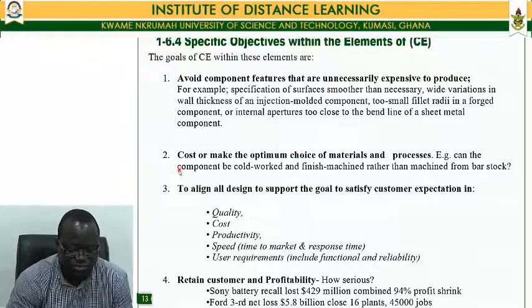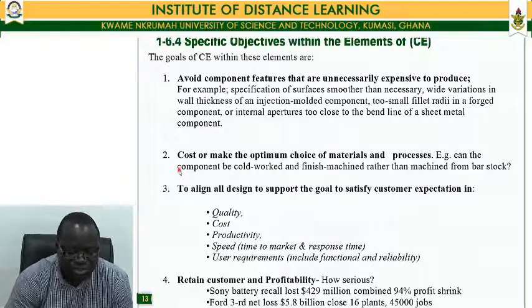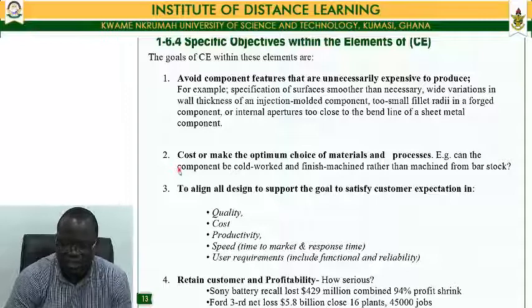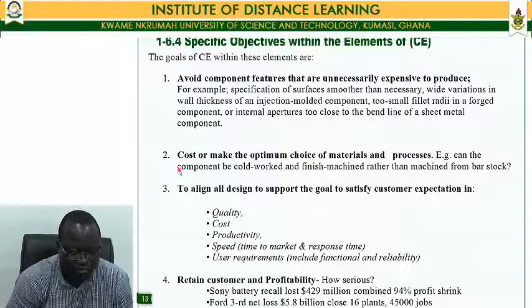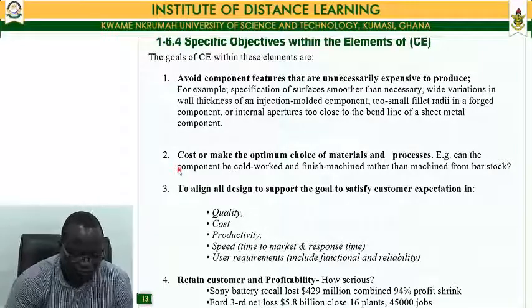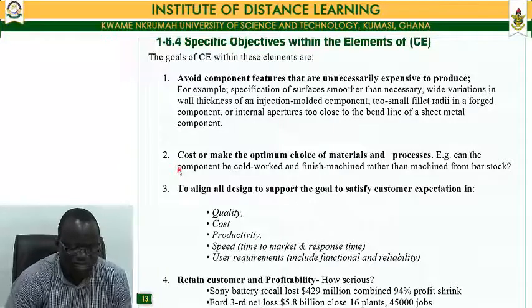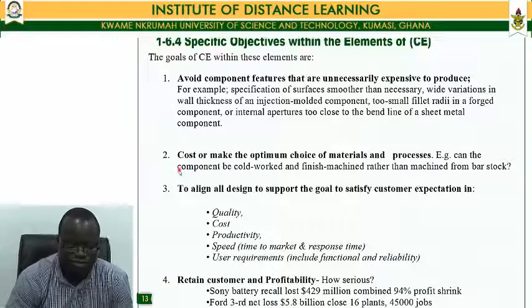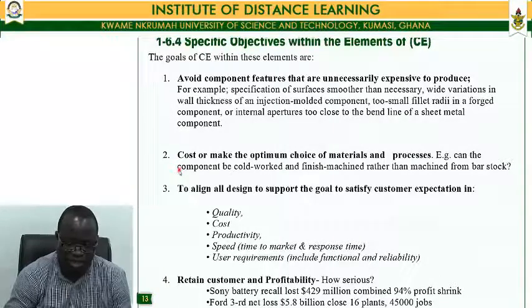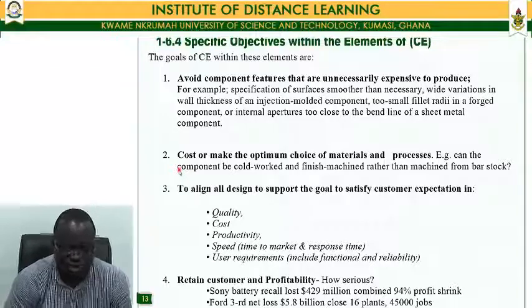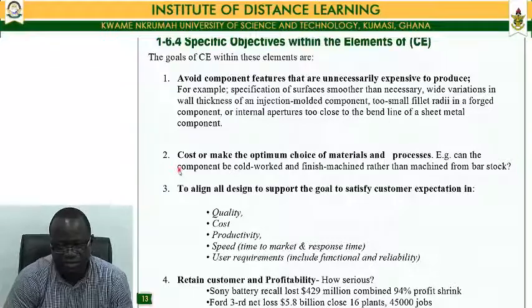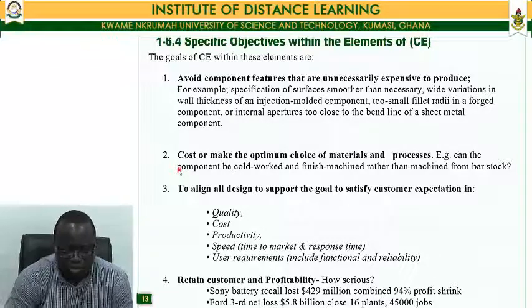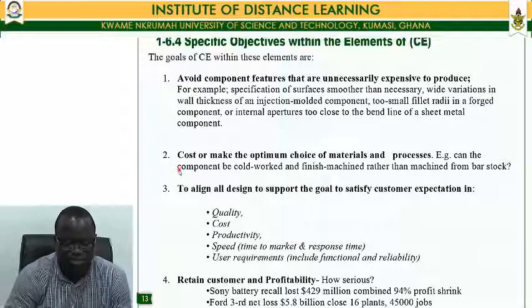Quality, cost, productivity, speed, that is time to market, and user requirements. Now, the fourth point is to retain customers and profitability. Very key to concurrent engineering, because the ability to retain your customer is so key. Now, it is quite serious if there's a manufacturing error.